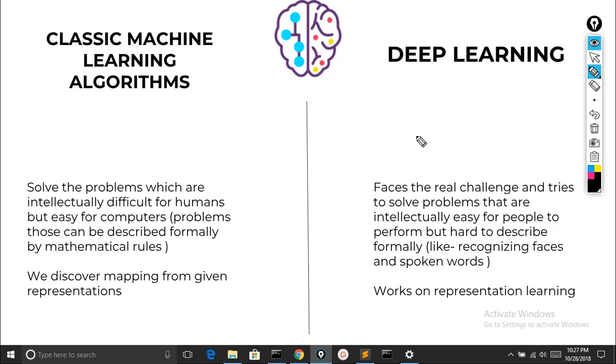Now let's differentiate classic machine learning algorithms from deep learning. The first thing through which we can differentiate them is by which kind of problems they solve. The classic machine learning solves the problems which are intellectually difficult for humans but easy for computers. They are the problems that can be described formally by using mathematical rules.